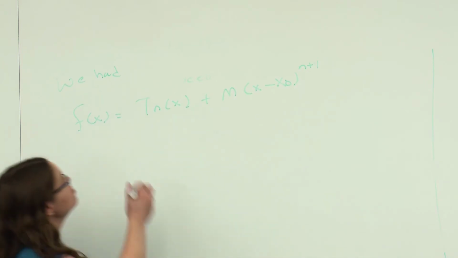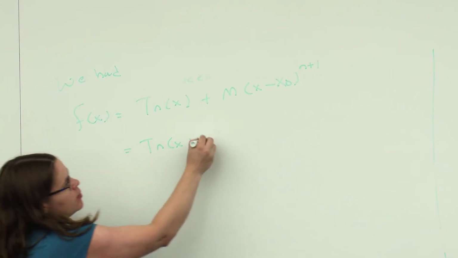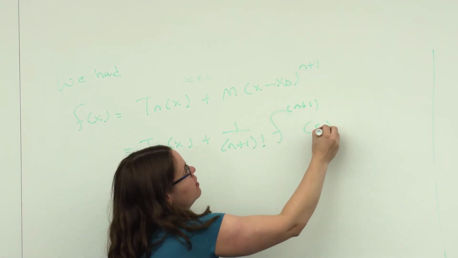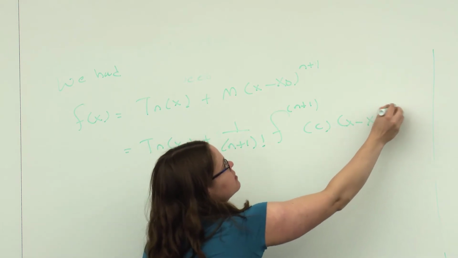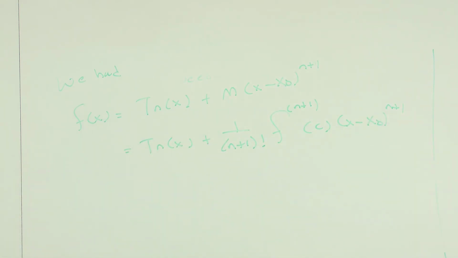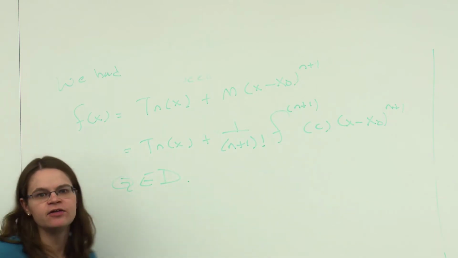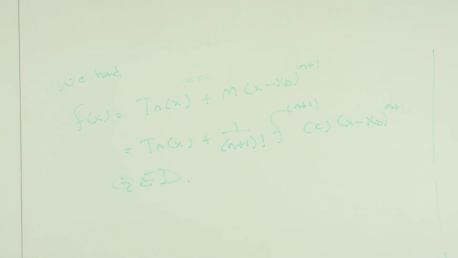It has to be equal to this. So this is Tn of x plus 1 over (n plus 1) factorial f^(n+1) of c times (x minus x naught) to the n plus 1. And this is exactly the thing that we wanted. So this is exactly Taylor's theorem. If you stare at it a little bit, it's like a generalization of the mean value theorem.